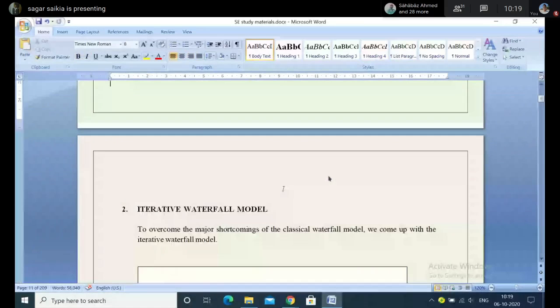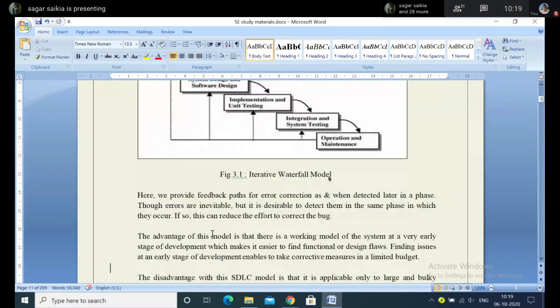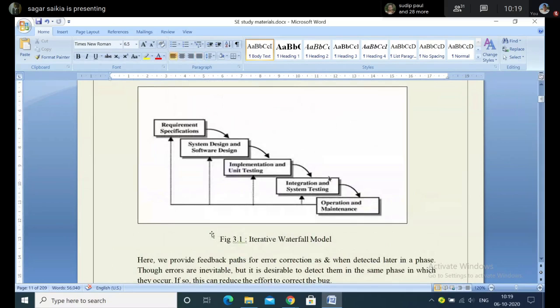Now, after this, we have another model, that is the iterative waterfall model. The shortcomings which were there in the classical waterfall model, we try to improve with this iterative waterfall model.